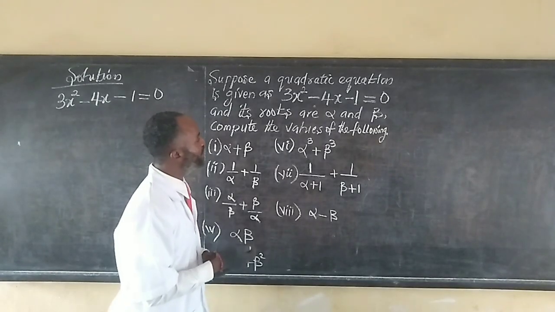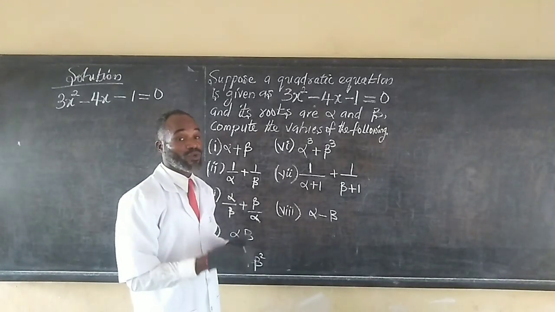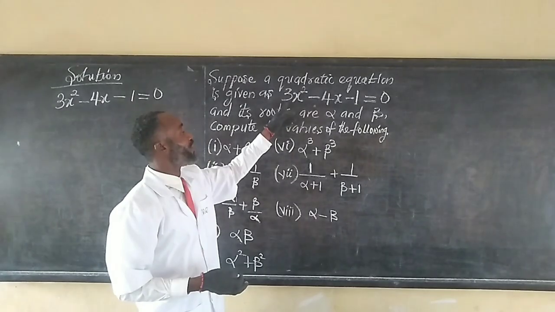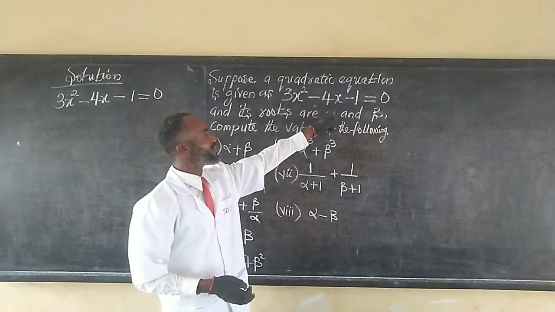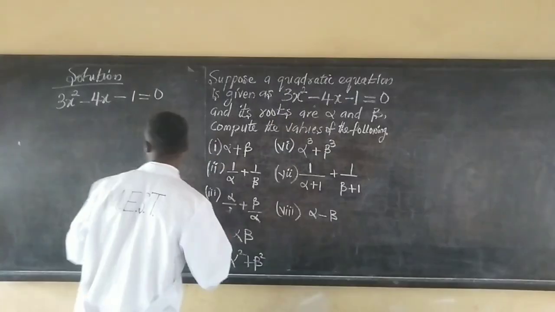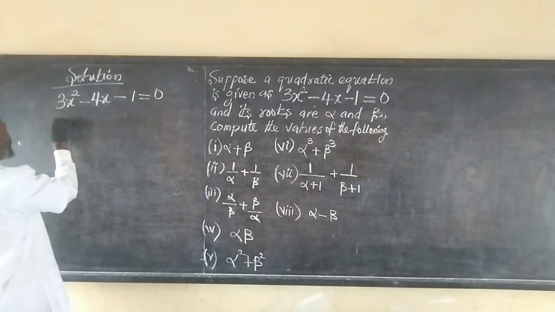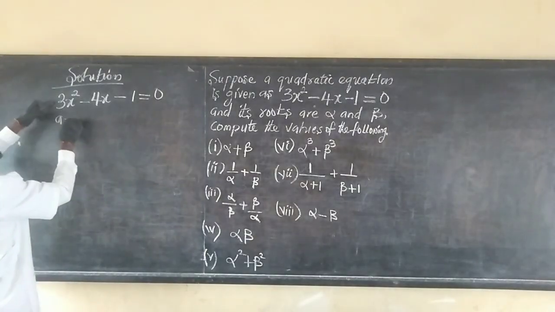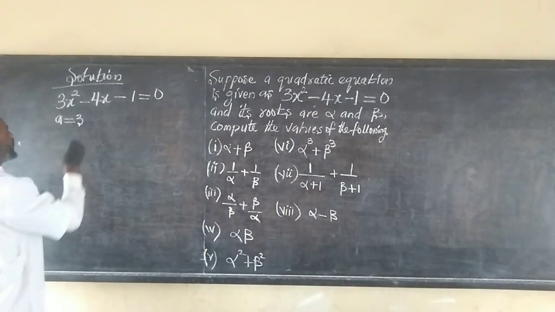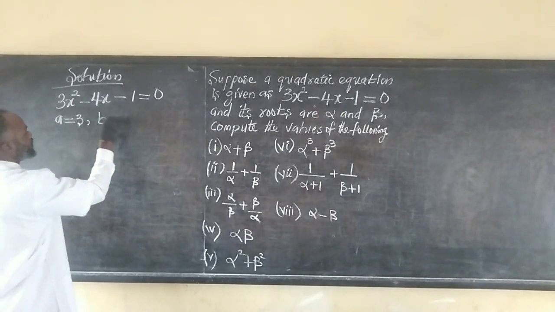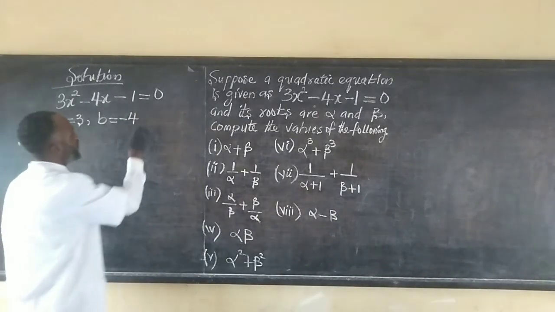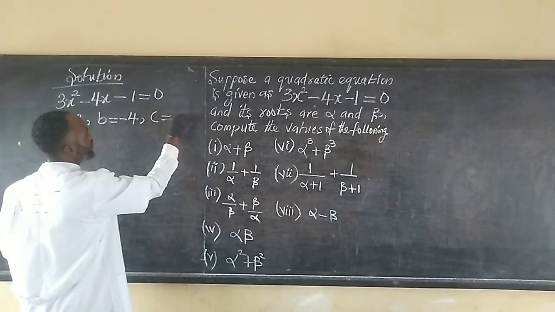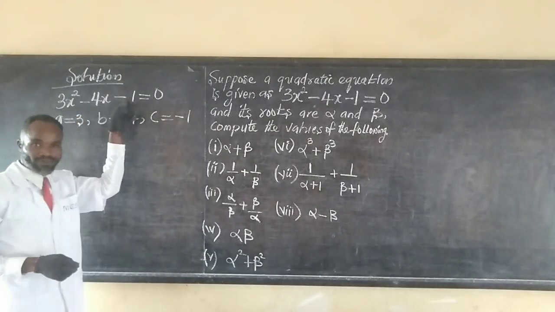At the same time, we need to consider the coefficients of x squared, x respectively as a and b. So a is 3, that's the coefficient of x squared, and then b is equal to minus 4, the coefficient of x, and then c is just minus 1, the constant term.